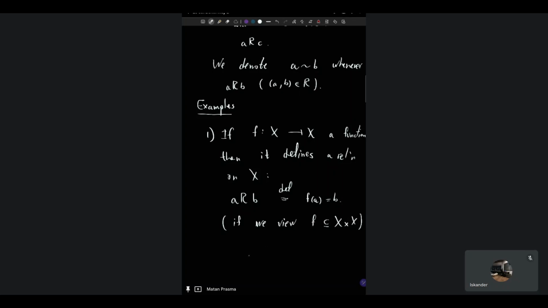It's always good to do examples with finite sets.